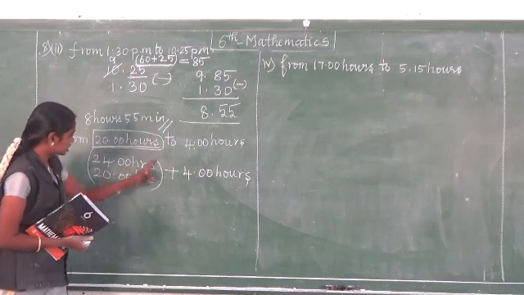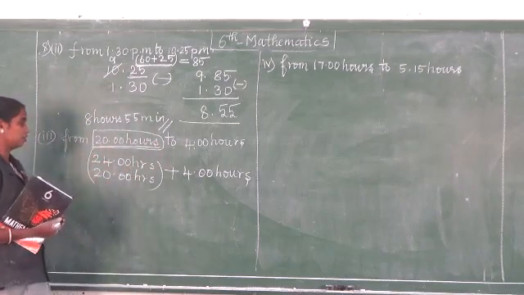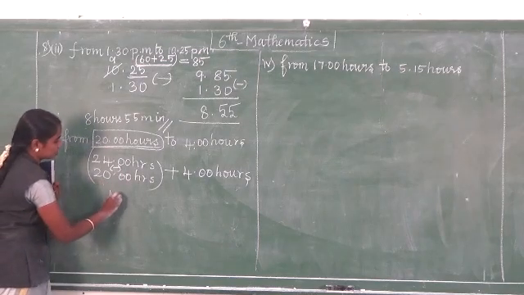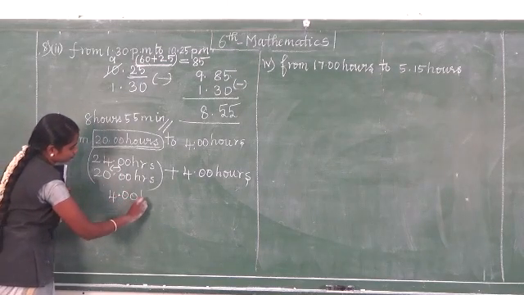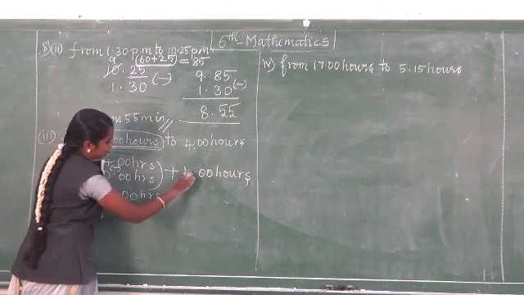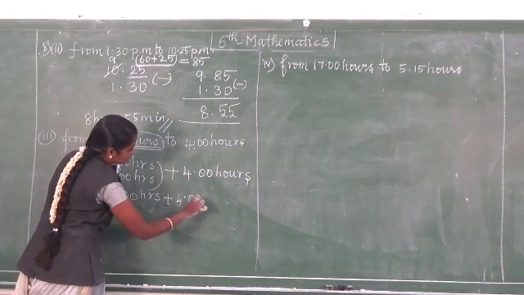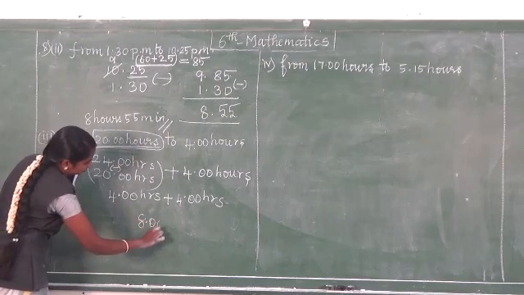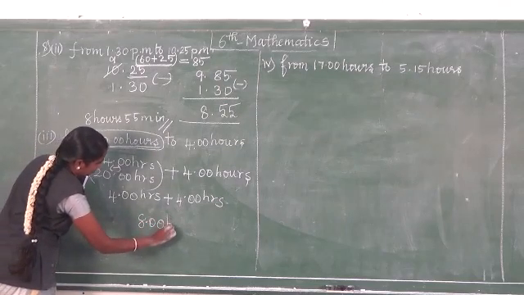So here in this day, how many hours are there? For that only I am subtracting. 24 minus 20 is 4 hours. The next day we have 4 hours. Now 4 plus 4, 8 hours. So the answer is 8 hours.